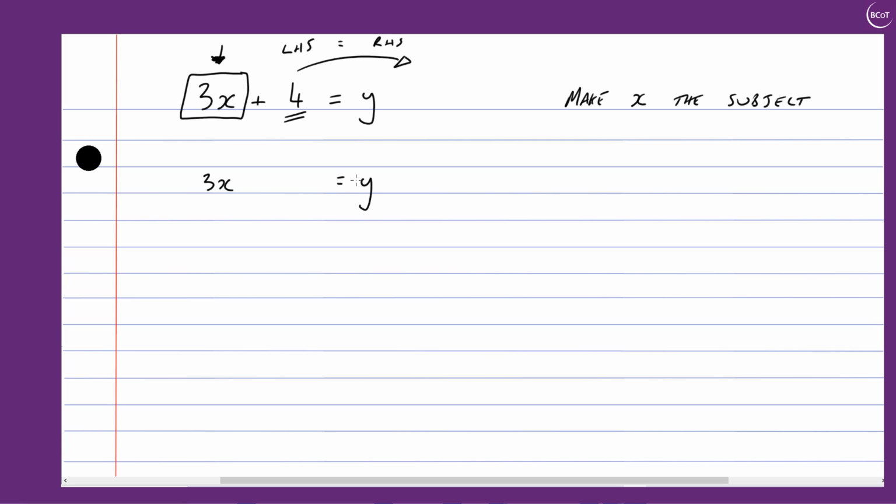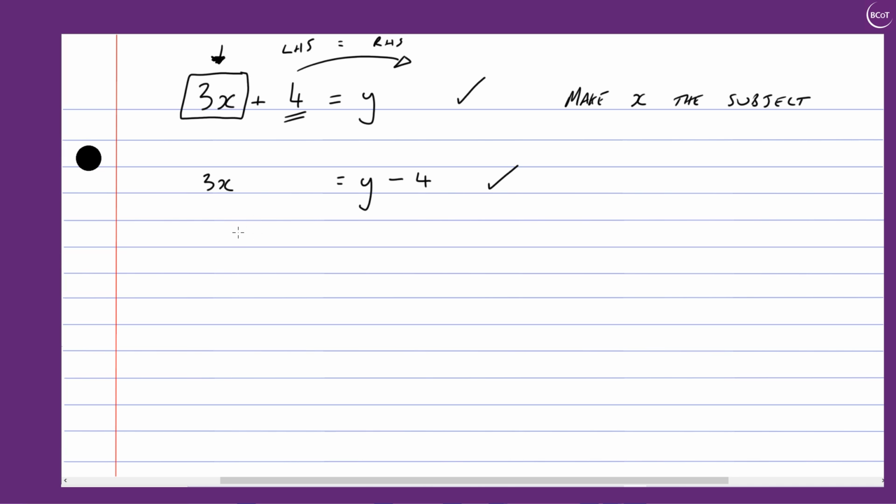The y stays there, the equal sign always stays there, but the plus 4 is moving to the right-hand side, becomes minus 4. So this is true, and this is true. 3x plus 4 equals y is true, and 3x equals y take away 4 is also true. But we still haven't got x on its own.